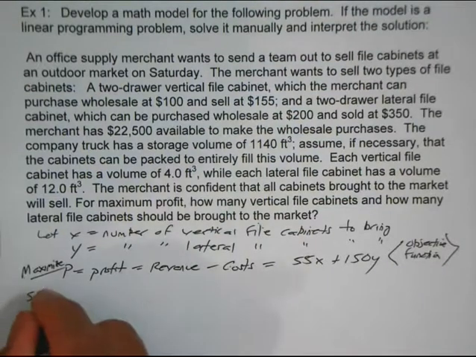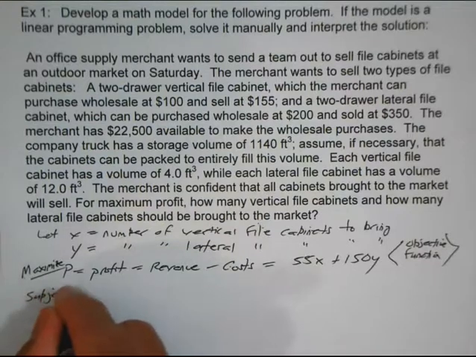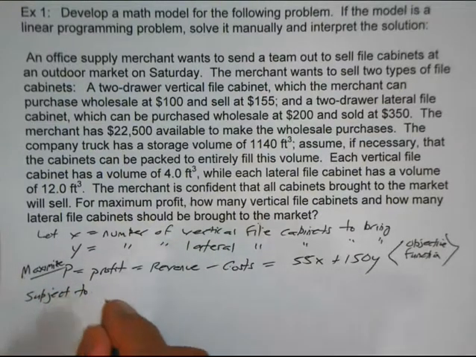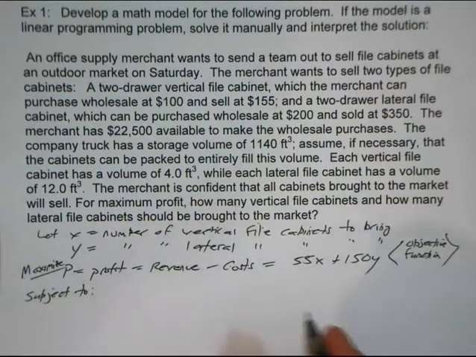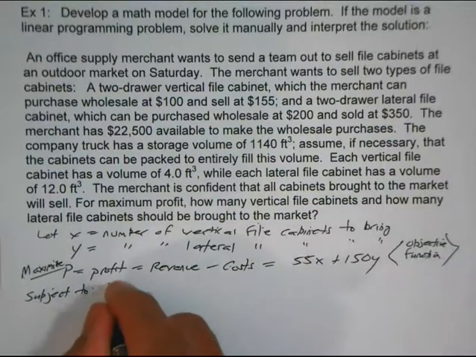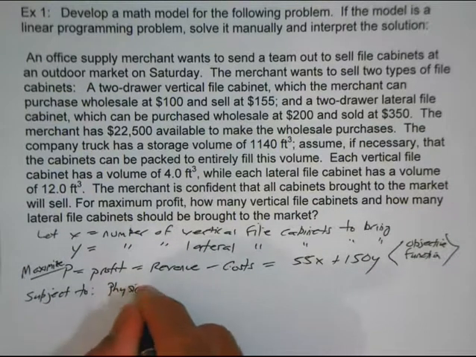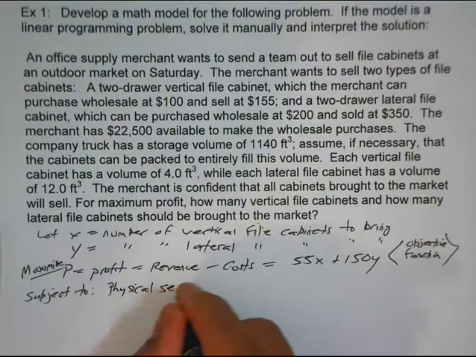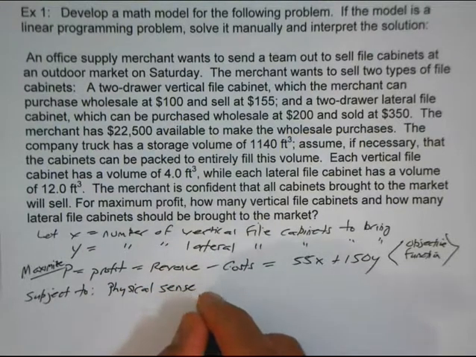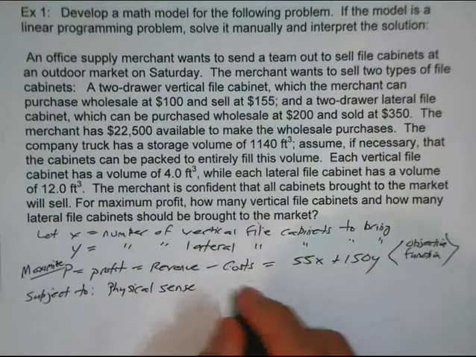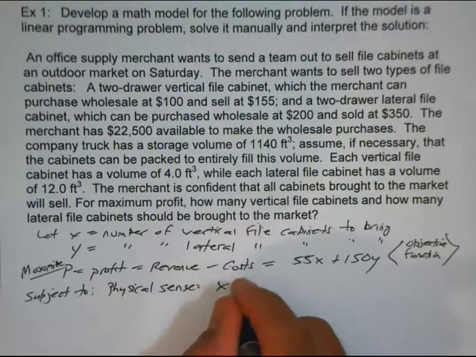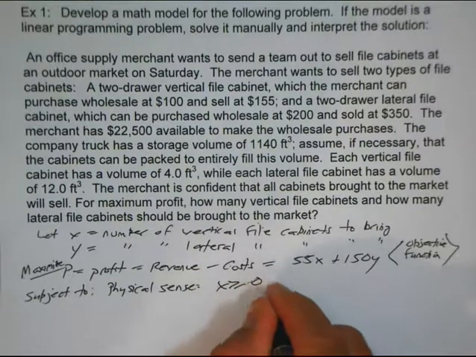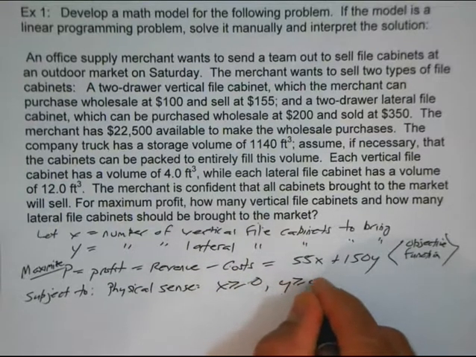What about some restrictions on x and y? What about this domain? Subject to, well, first we can talk about just physical sense. We're talking about x and y each being the number of file cabinets to bring. Well, that alone would have us say x has got to be greater than or equal to 0, and y has got to be greater than or equal to 0.